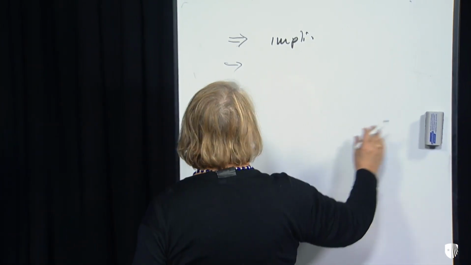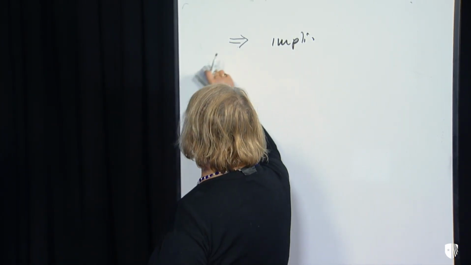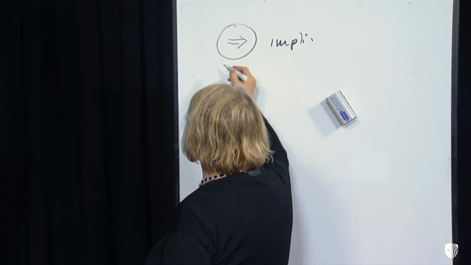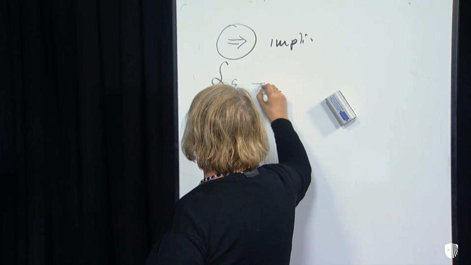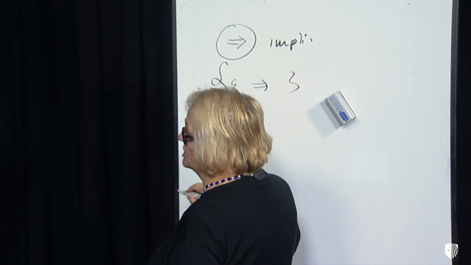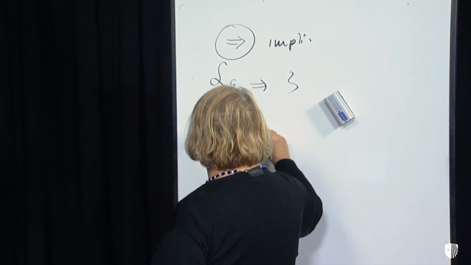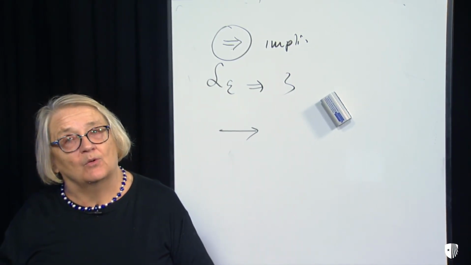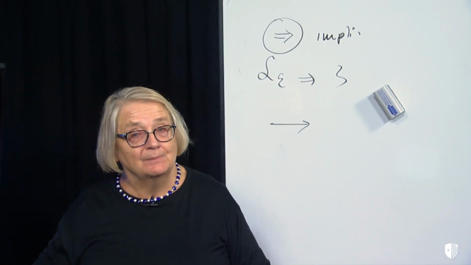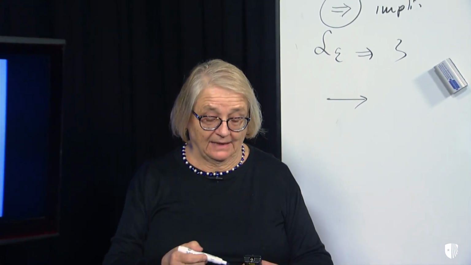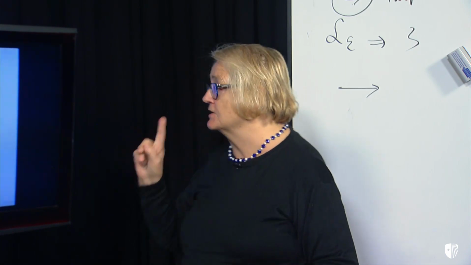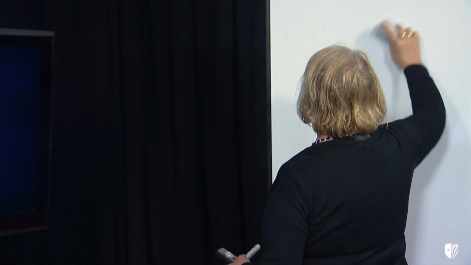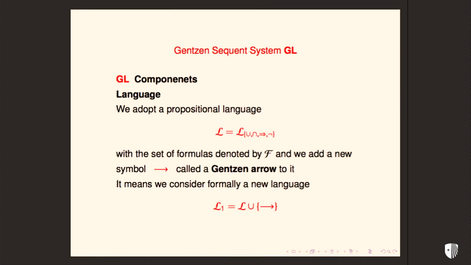You can use many symbols, but that's why in my language I use this symbol for implication, because now I need that symbol for the Gentzen arrow, which is a different symbol with a different meaning than our normal implication. So that's why it is very important to have a precise syntax.